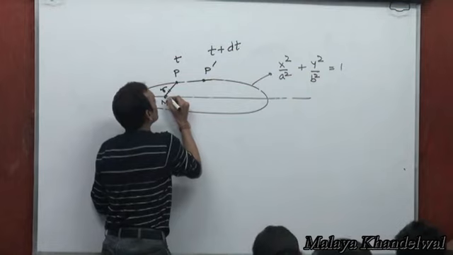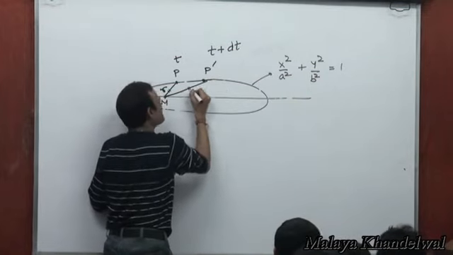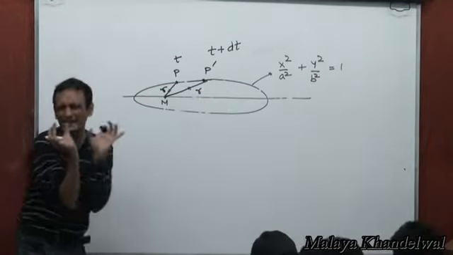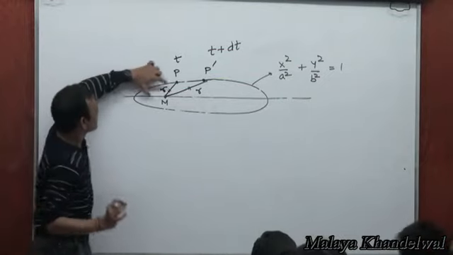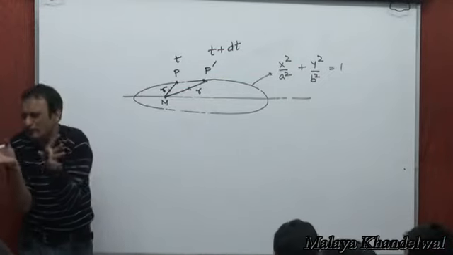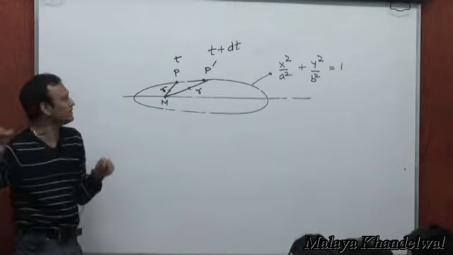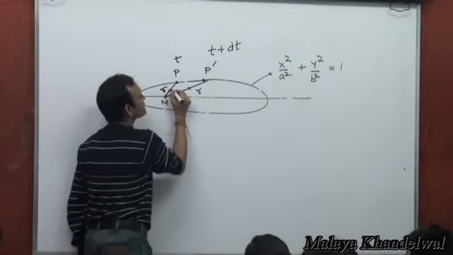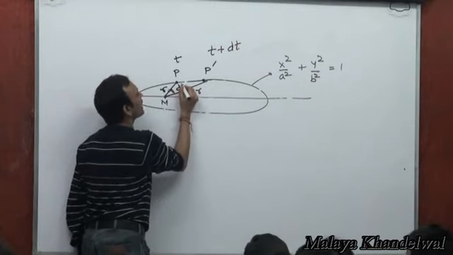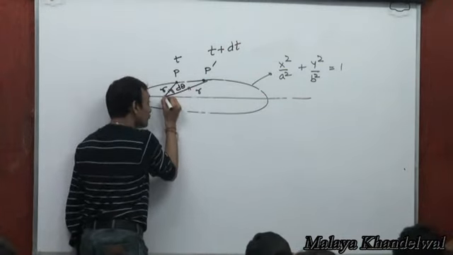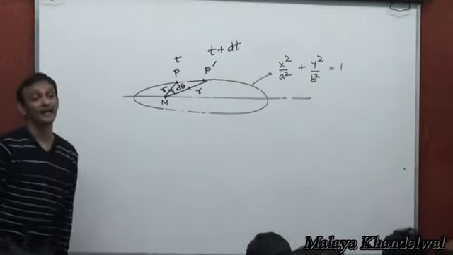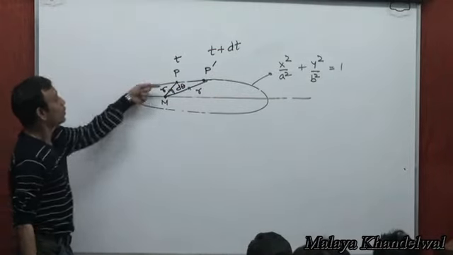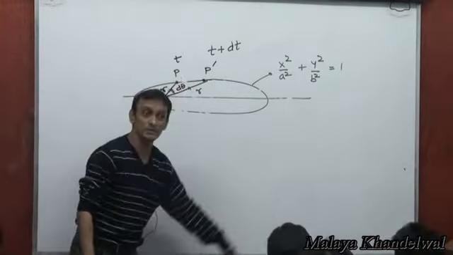Then this r remains practically the same in this small distance. MP and MP prime are roughly the same in the small time dt. And let's say it describes a small angle d theta at the focus while describing this path PP prime.